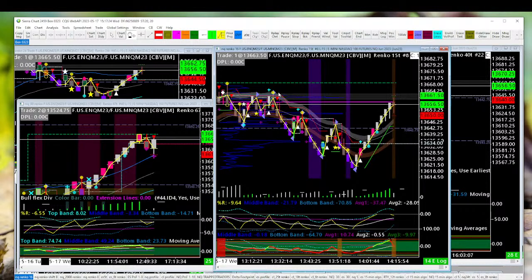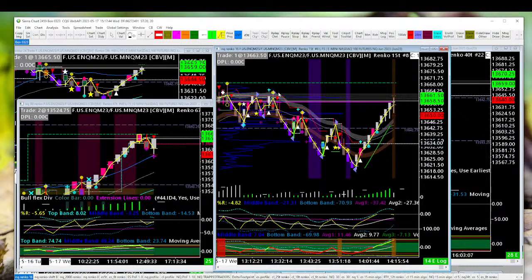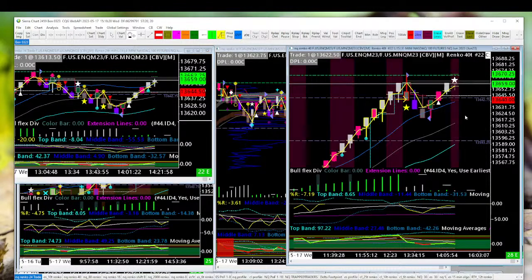Otherwise, we'll just balance here. And as much as I'd like to be part of this move, the fact that I didn't take the entry that came up, there's really nothing to do.